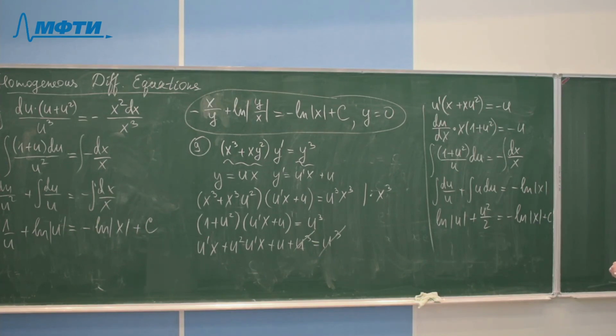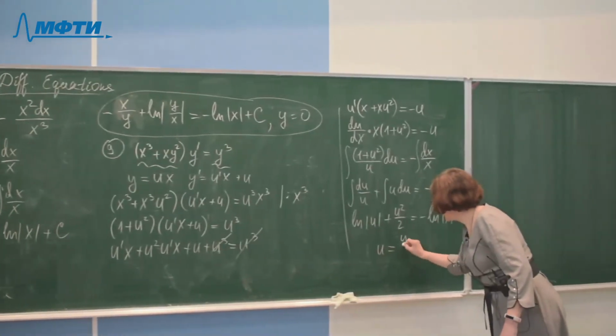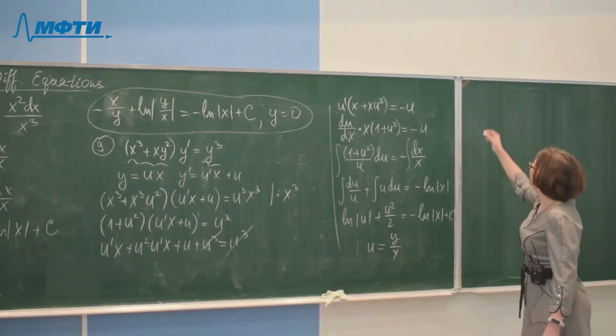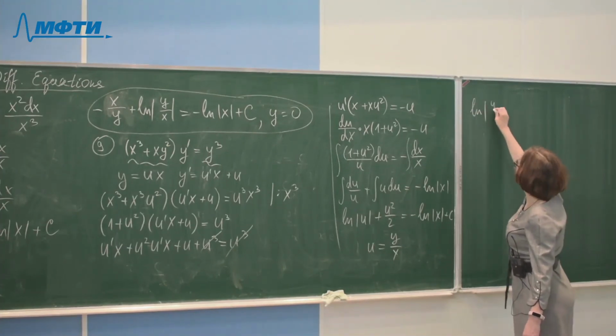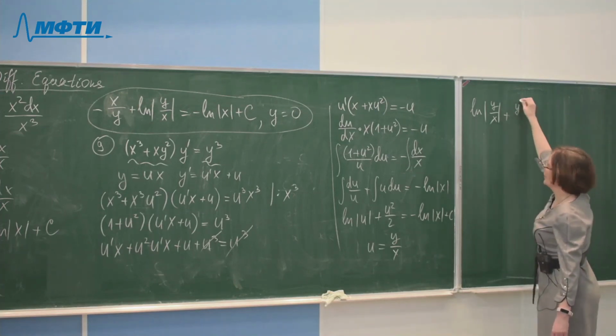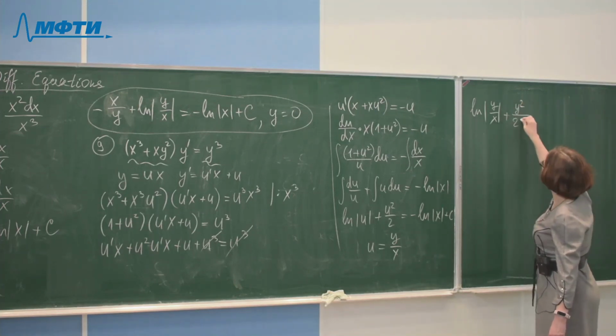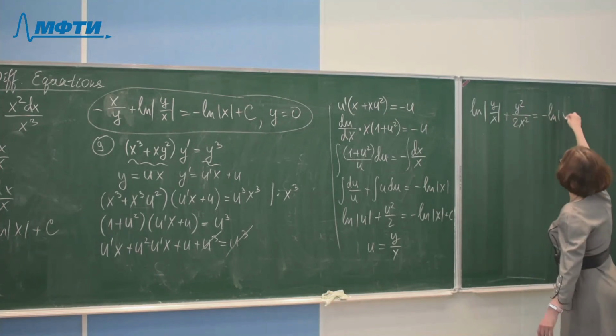And after this we may substitute y over x for u, and we will get the final answer. So it will be y over x plus y squared over 2x squared equals minus ln x plus c.